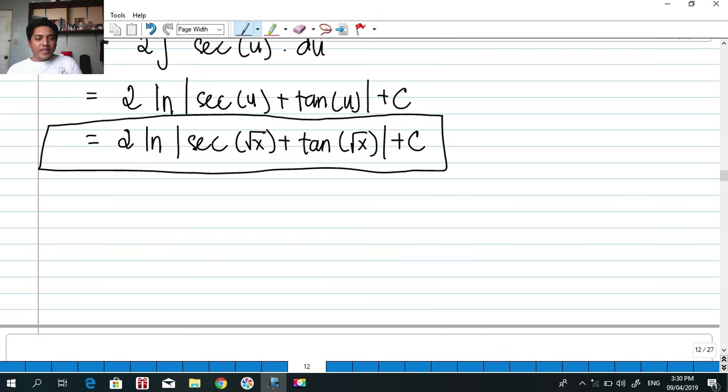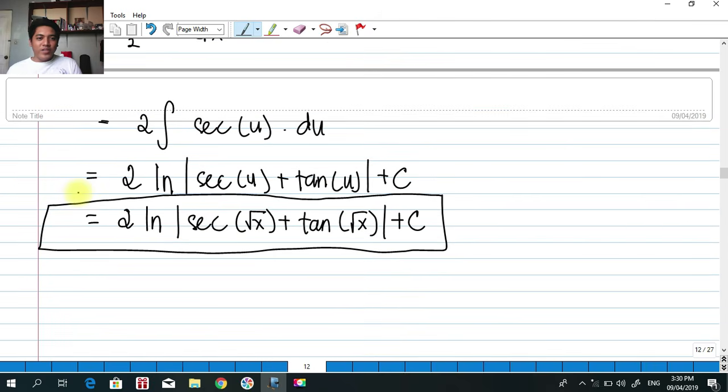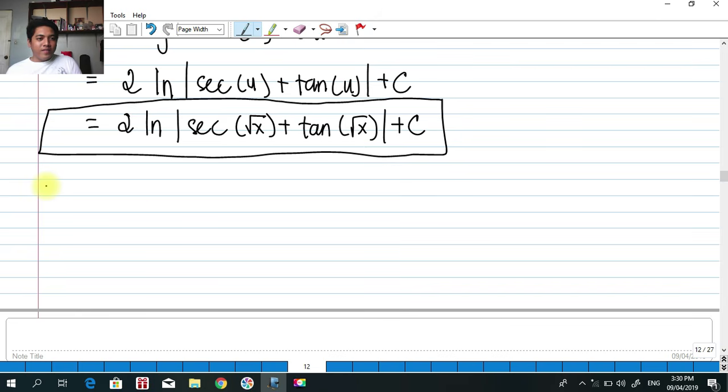Next, we have plenty of examples here due to some of the students who are requesting. So number 20, we have the integral of secant squared of 2ax dx.